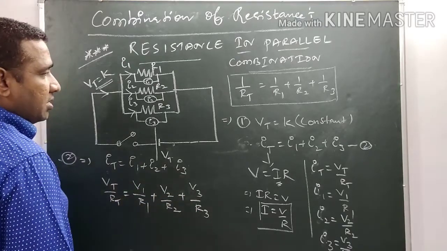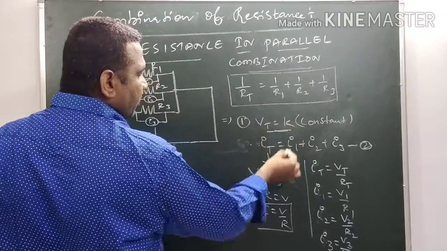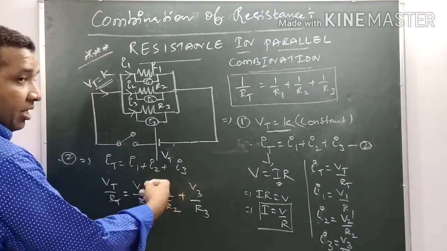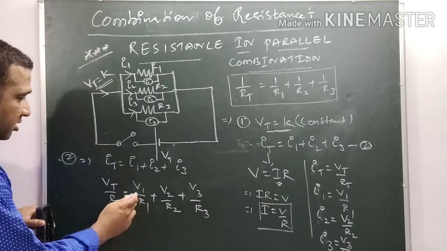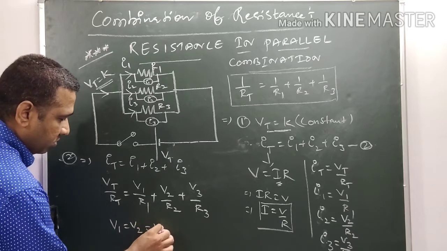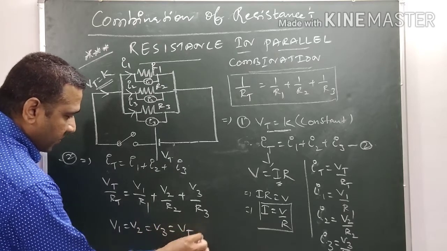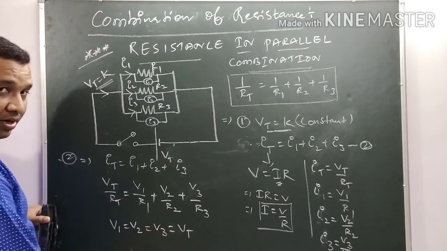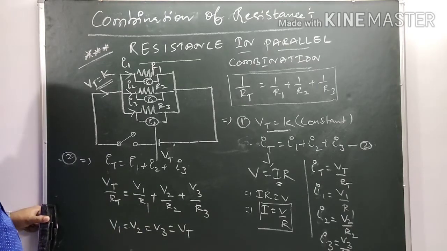So one thing you have to consider here: from the circuit we consider that voltage is constant here. So you don't have individual voltages here. Therefore I write V1 equals V2 equals V3 equals V. So I just replace V1, V2, V3 as Vt.